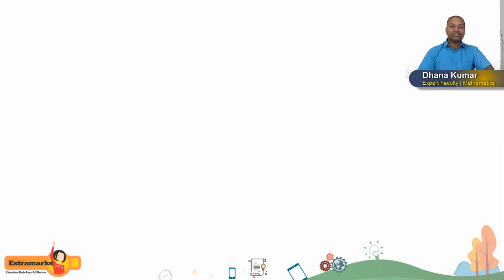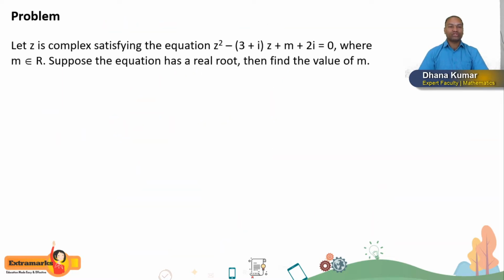Now let us come to one more question. See here, z is a complex number satisfying the equation z square minus of 3 plus i into z plus m plus 2i is equal to 0. Here z is complex.